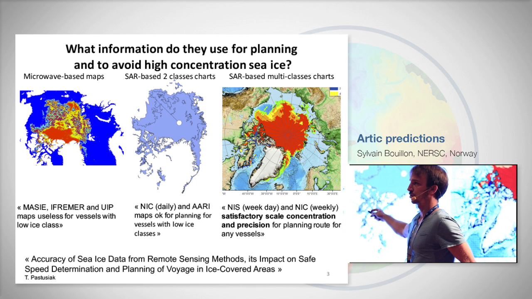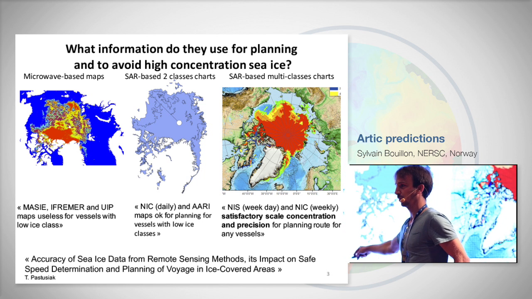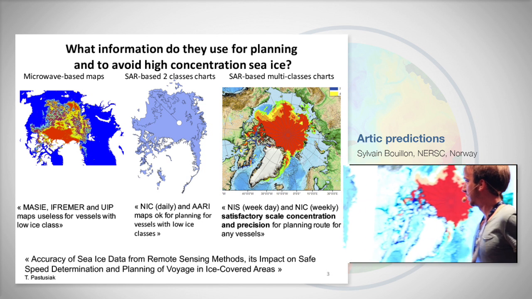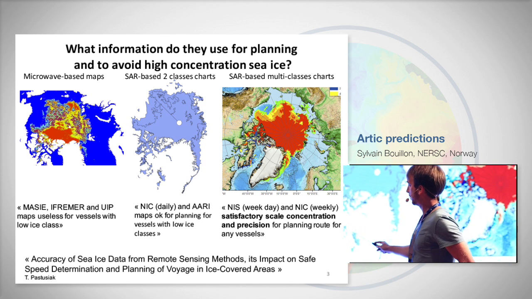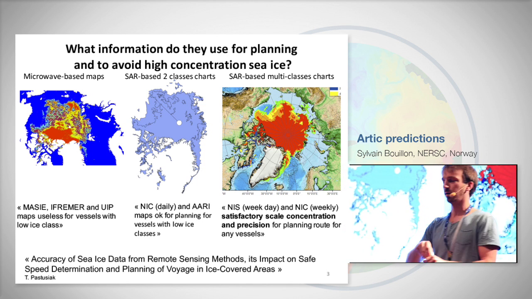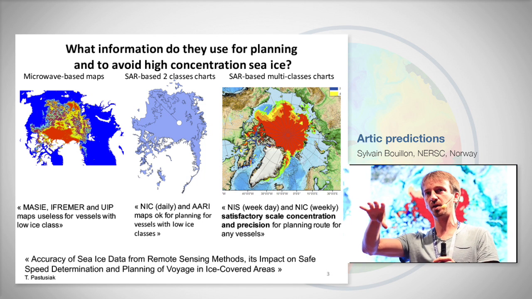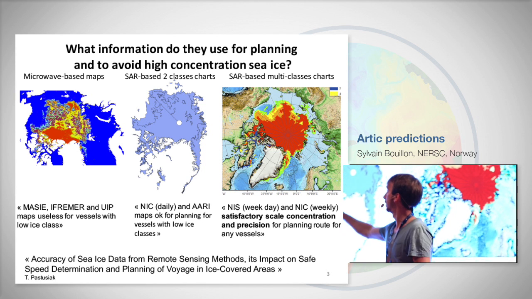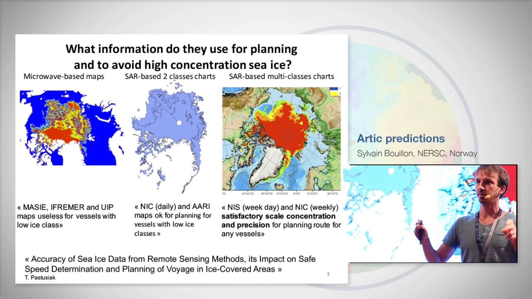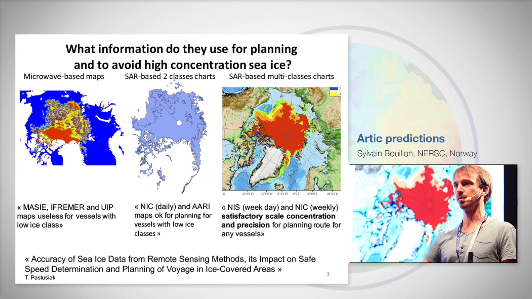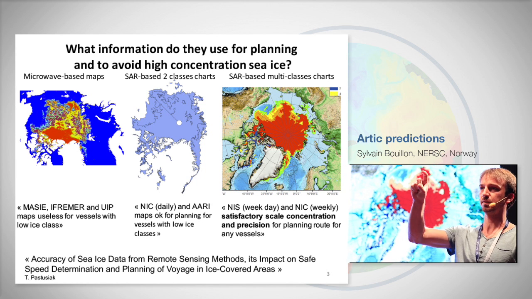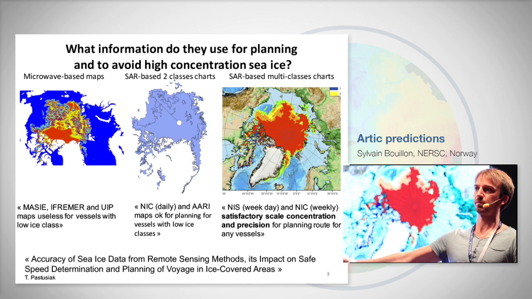microwave-based maps are actually useless. That's the word they use. Because in summer, there is melted ice on top of the sea ice, and those microwave-based satellite data think that there is no ice at all. It's only melted at the surface, but they think there is no ice at all.